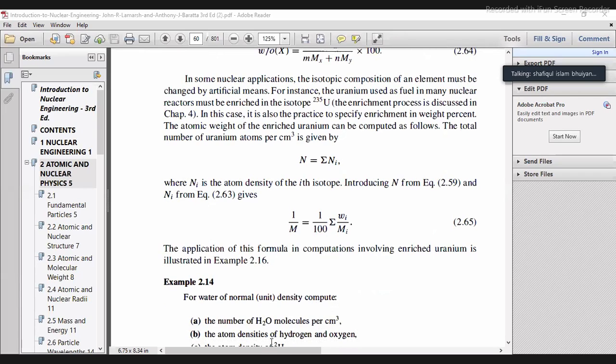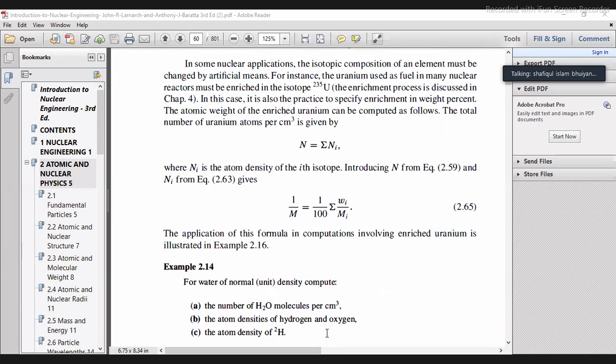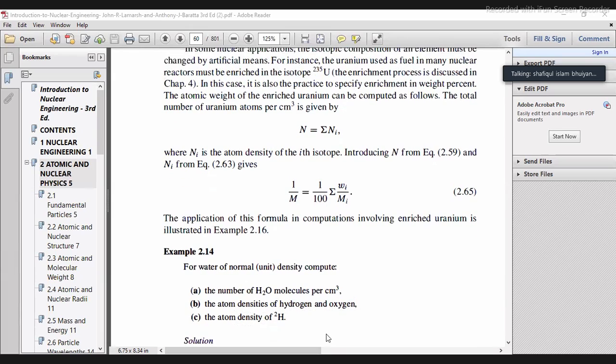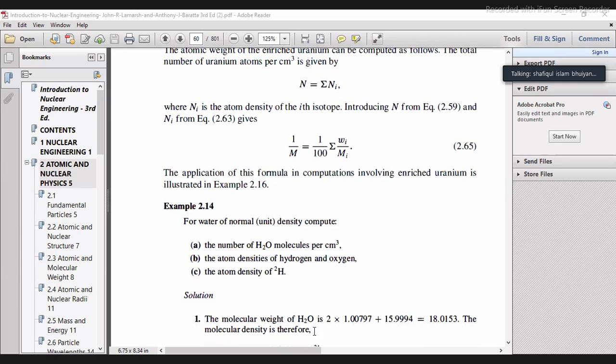Compute the number of water molecules per centimeter cube, the atom density of hydrogen and the atom density of oxygen. Now, with all the formulas that we have discussed so far, we can calculate the molecular weight of water. What will be the molecular weight? This is the weight of hydrogen plus oxygen.